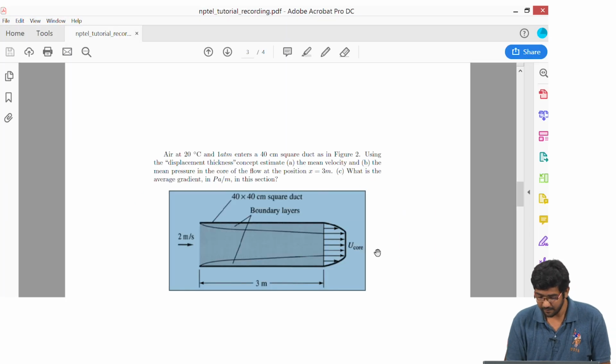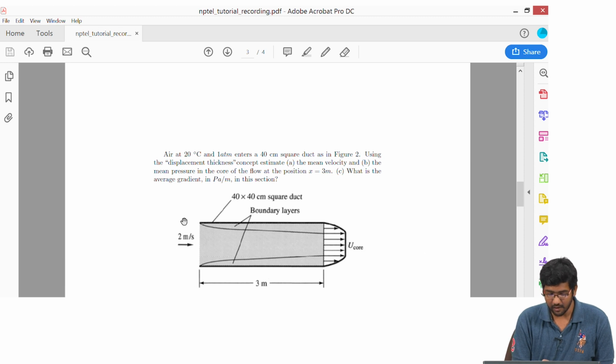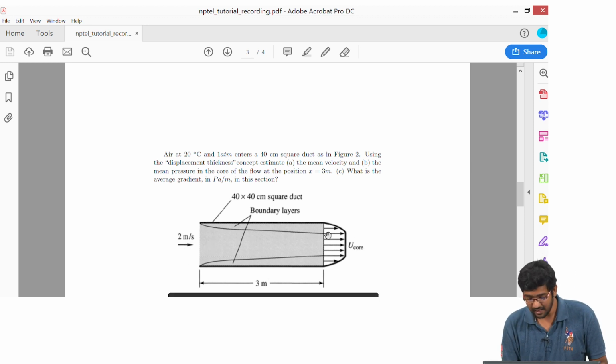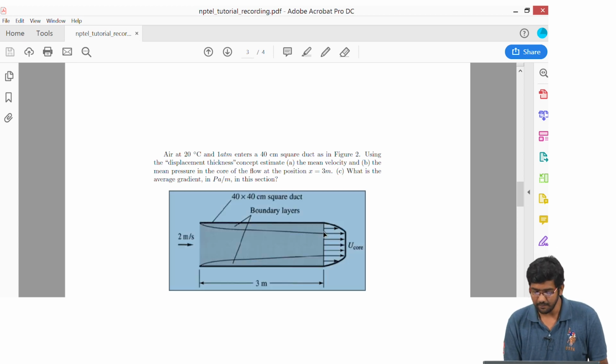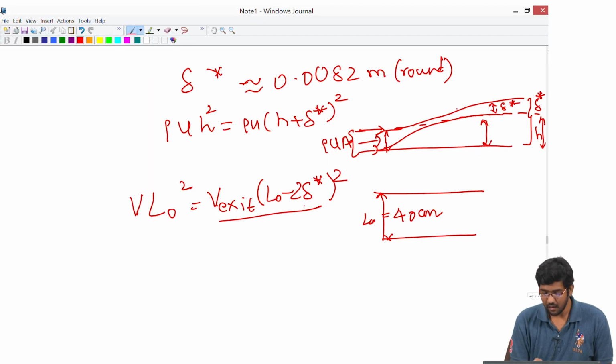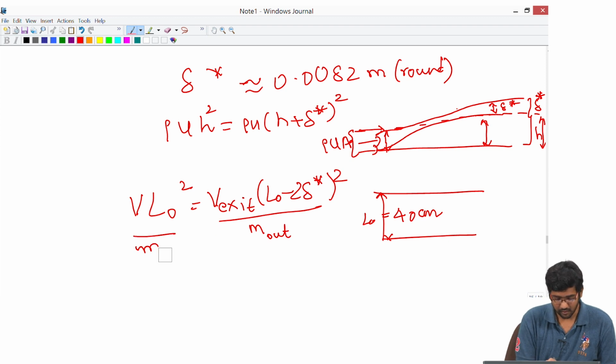This is the inlet velocity. We know inlet velocity, we know the dimensions of the channel, therefore, we can calculate the inlet mass flux, which is rho u into S. Similarly, we know the displacement thickness, and using that we can write the mass flux out and this is the mass flux in.